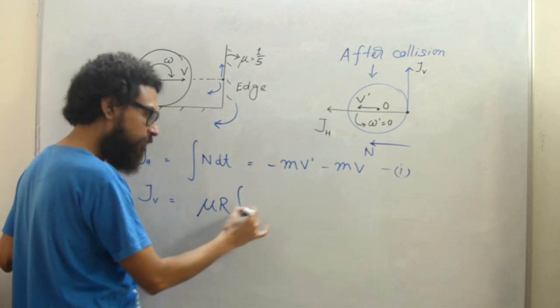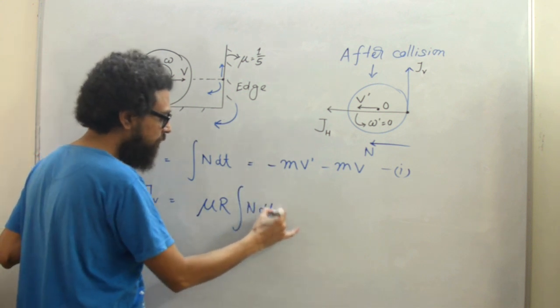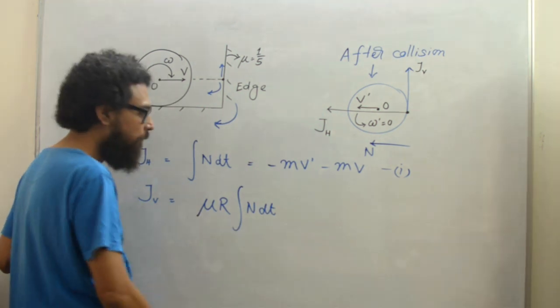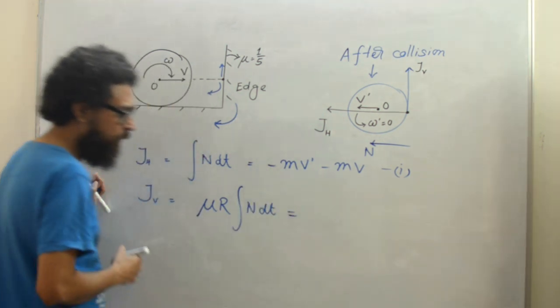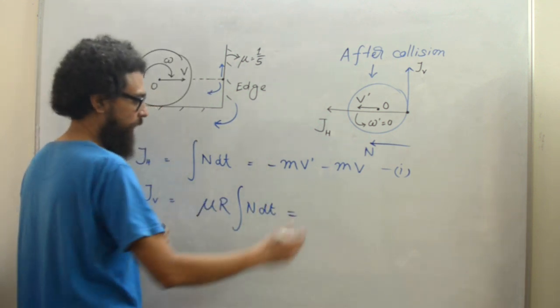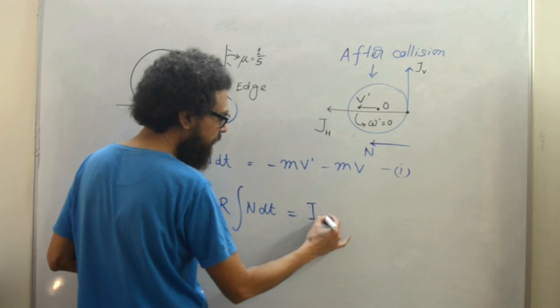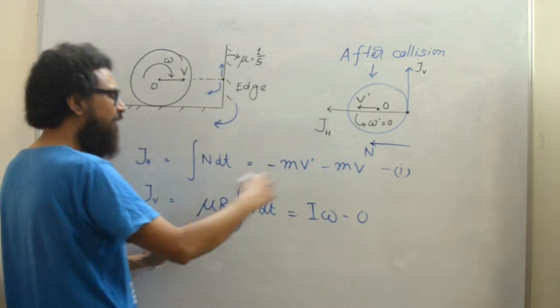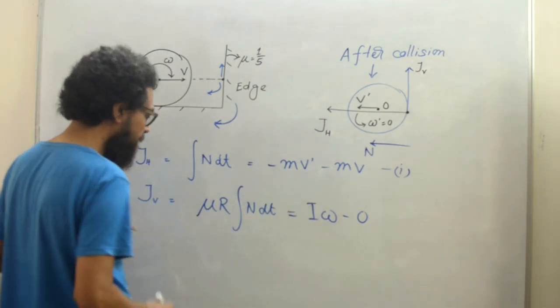And then N dt. Actually it is mu N dt and then R is here. And what is it equal to? Change in momentum, no? Okay. So what was the initial momentum and what is the final? 0. I am writing in this fashion, no issue.